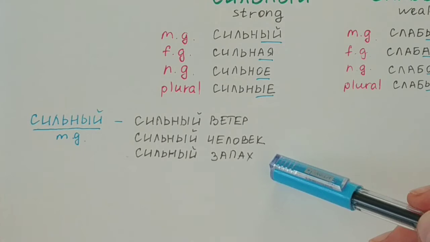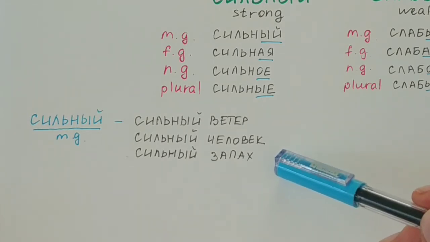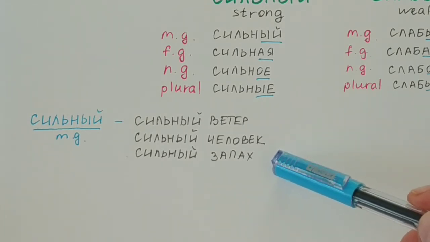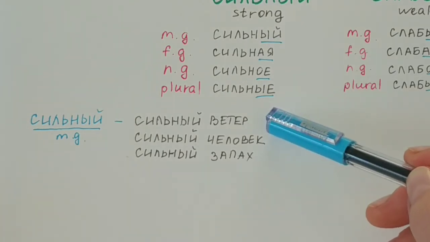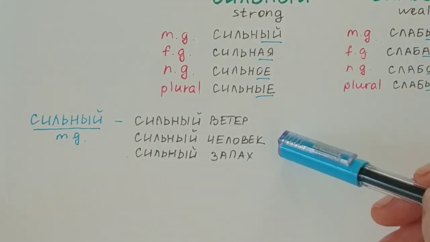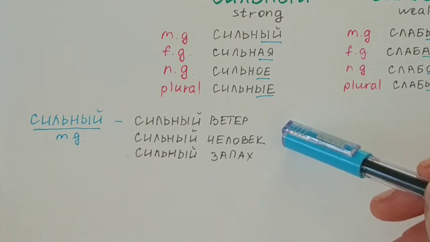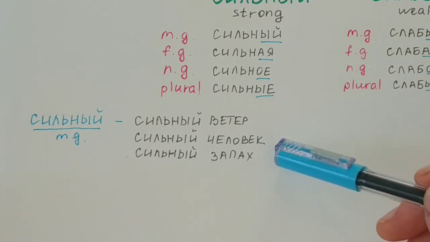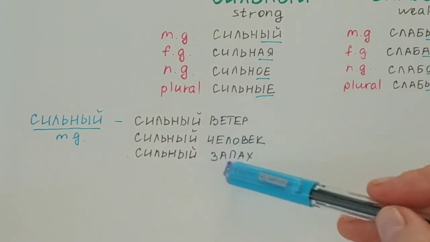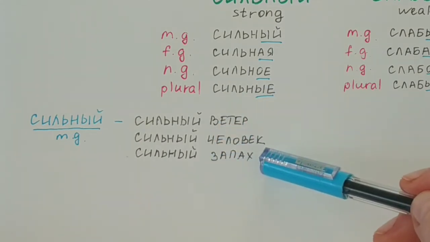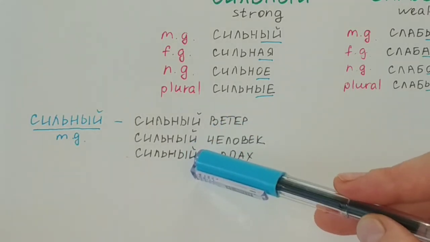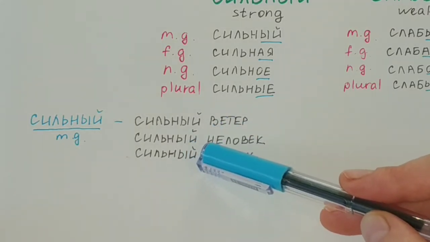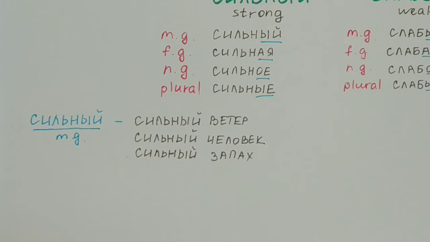Запах means smell, and you can guess that this phrase is translated as strong smell. So, сильный ветер, strong wind, сильный человек, strong man, and сильный запах, strong smell. Notice that all of these nouns are of the masculine gender and in the singular form. That's why we're using it with this form of the adjective, which is singular and masculine gender.